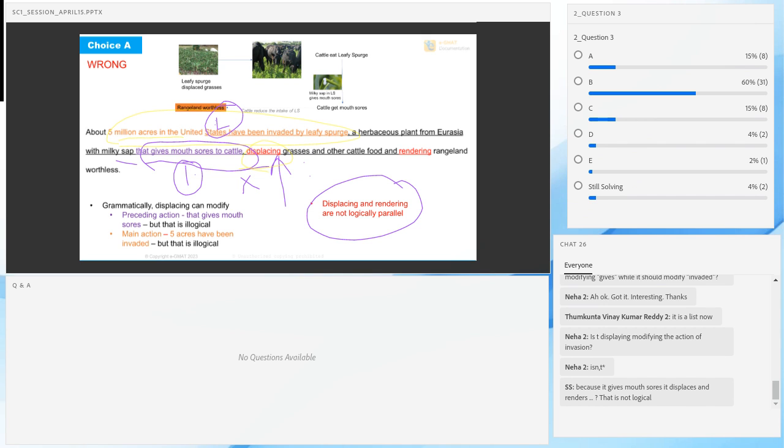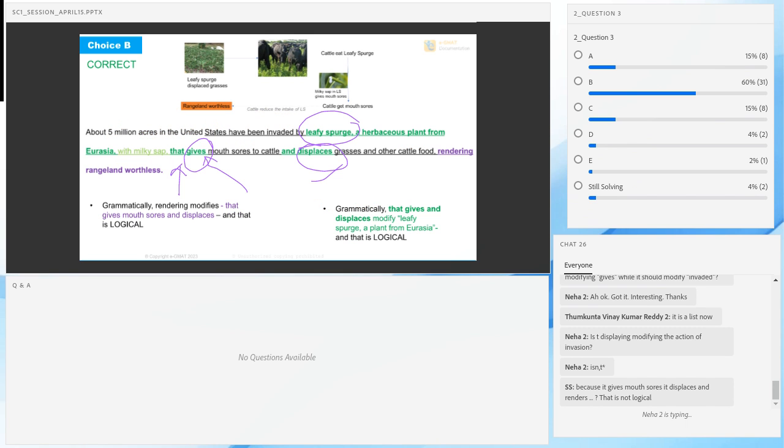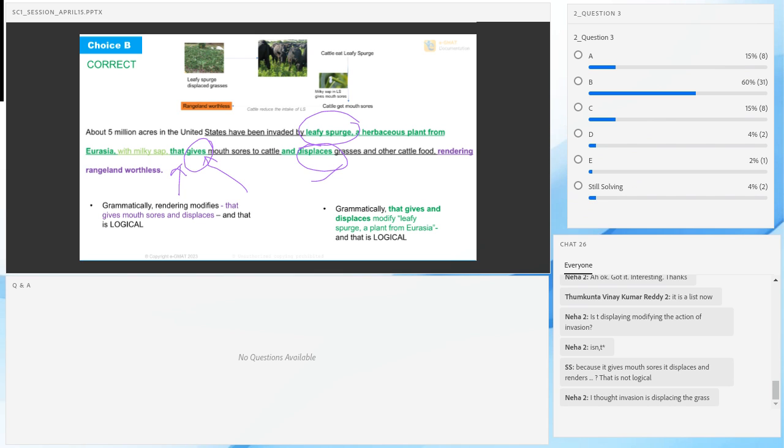Because 5 million acres is not displacing grasses. Again, the verb-ing modifier needs to make sense with the subject of the preceding clause. Got it? Now, this issue has been corrected in choice B. In choice B, it's the leafy spurge that gives mouth sores. It's the leafy spurge that displaces grasses.